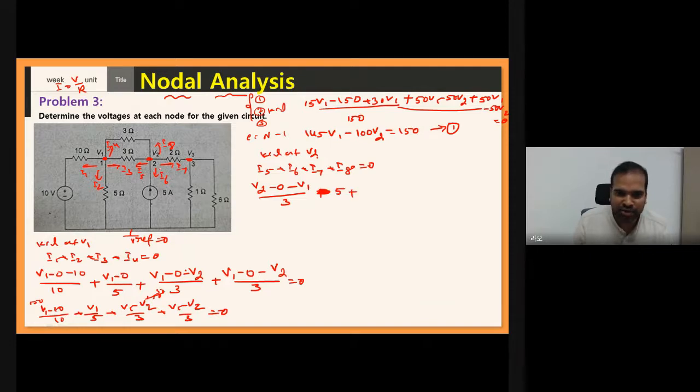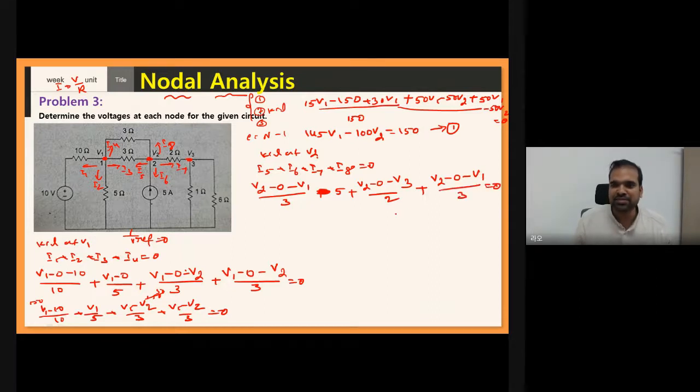And plus, what about I7 here? One side V2 is connected with reference to 0, another side of the 2 ohm is connected to V3, so minus V3 by 2. Now see, I8 means what? One side V2 is connected with reference to 0, minus the other side of the 3 ohm is connected V1. Therefore, V1 by 3, equal to 0.